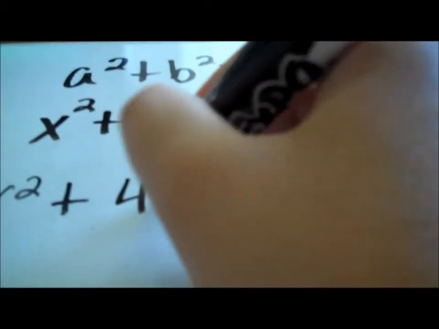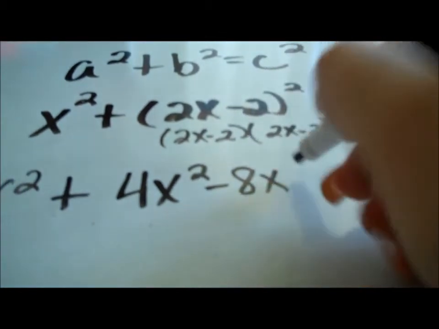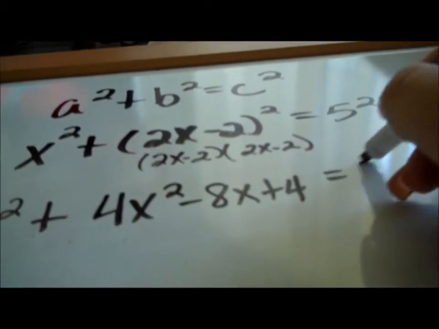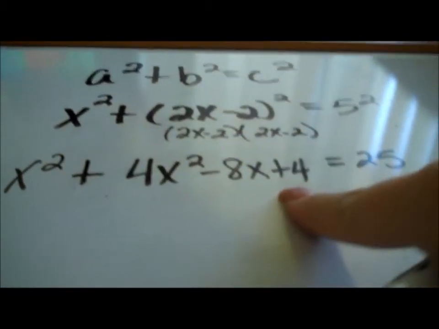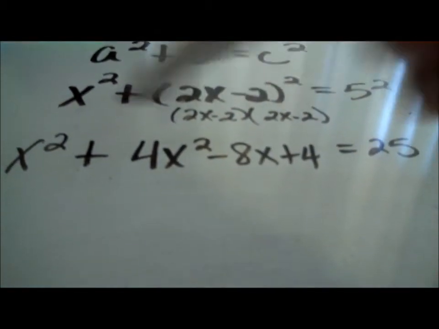So we need to multiply that out. That becomes 4x squared minus 8x plus 4 equals 25. So again, we got this from multiplying this out. Okay, I need to combine like terms.